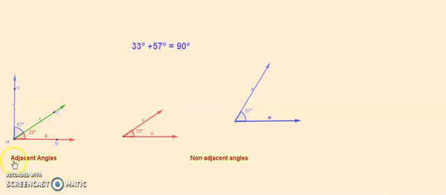In adjacent angles, the sum of the angles is 33 and 57. When we add them, we get the total to be 90 degrees. In non-adjacent angles, in this pair also, the sum of 33 and 57 happens to be 90 degrees.